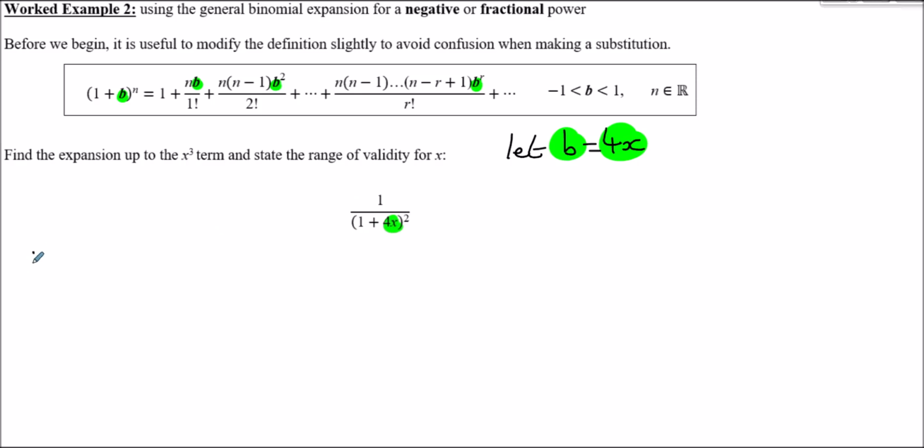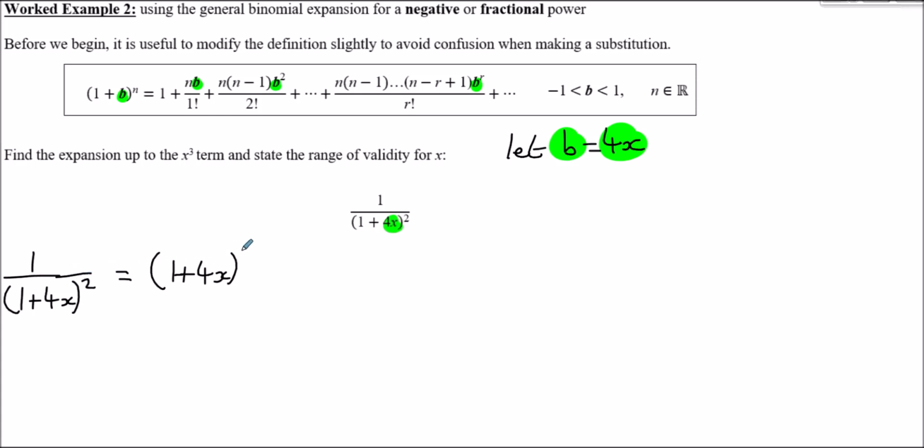So we've got 1 over (1 plus 4x) squared. I need to have it in terms of 1 plus something all to a power. If it's 1 over something squared, that's the reciprocal of this thing squared.